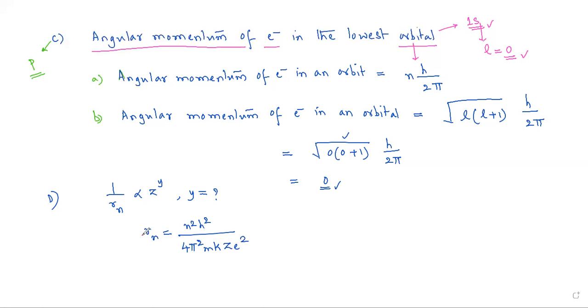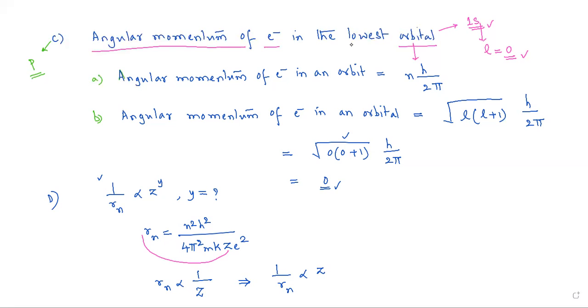Derived yesterday. Now the relation between Rn and z is Rn is inversely proportional to z. Okay, but let us write in this format. Just like Rn is inversely proportional to z, the same thing can be written as 1 by Rn is directly proportional to z, isn't it?